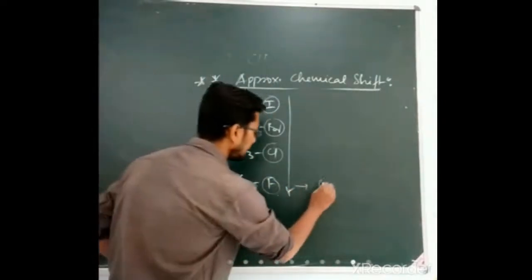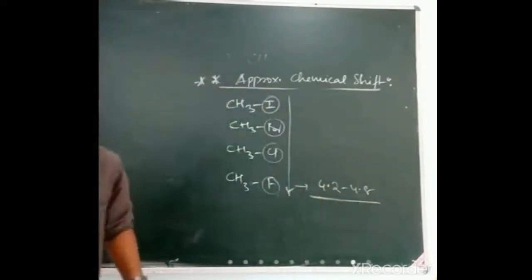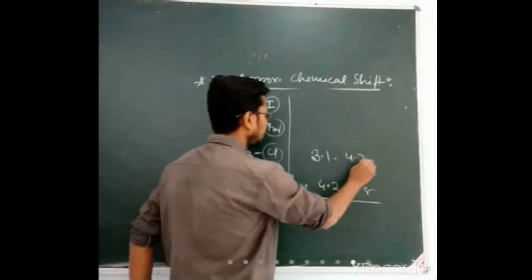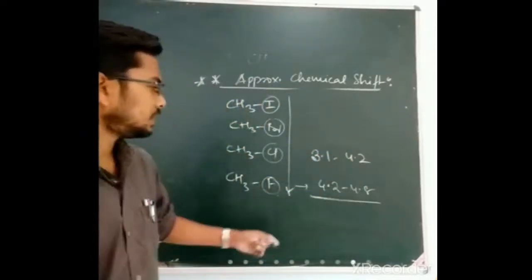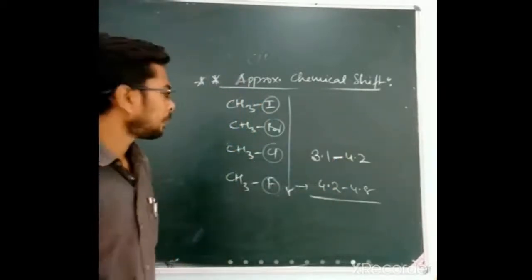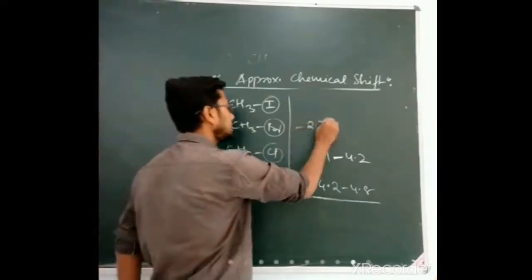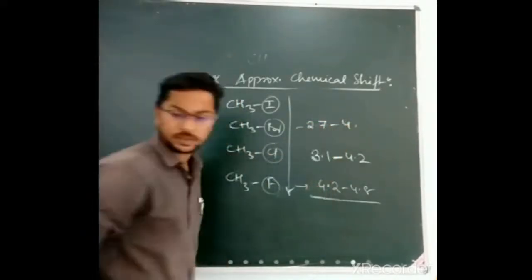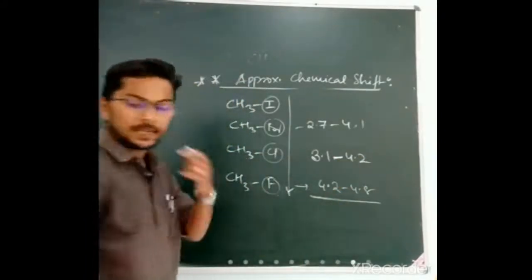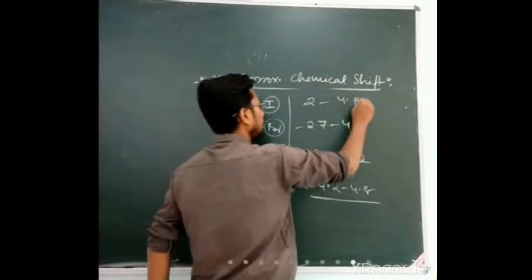That is the thing. It comes in 4.2 to 4.8. Then chlorine comes in the region 3.1 to 4.2, somewhere in the middle, 3.5 like that. Then bromine is 2.7 to 4.1, and in case of iodine it is 2 to 4 ppm.